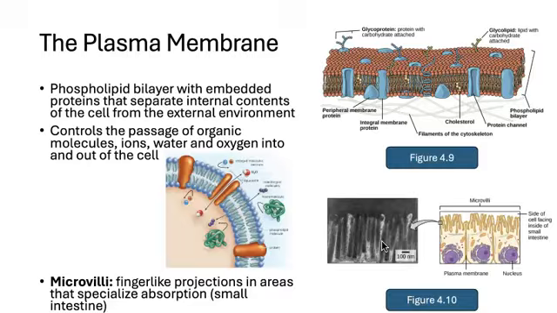We need this there so we can absorb all of the nutrients. Now, in celiac disease, because these microvilli are damaged, they can't absorb the nutrients to the fullest effect, and that can lead to malnutrition, cramping, and diarrhea.